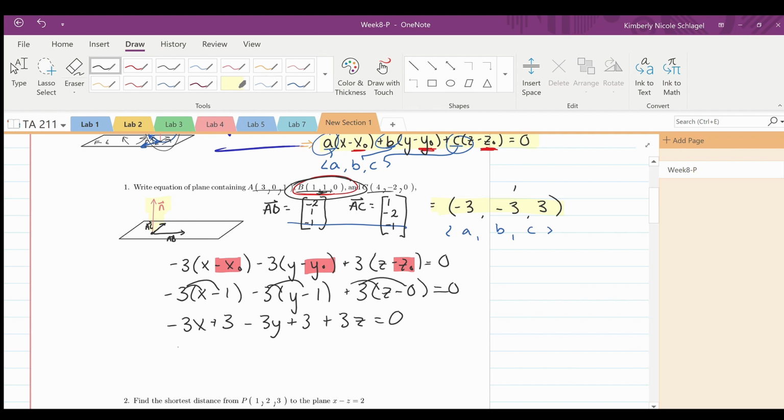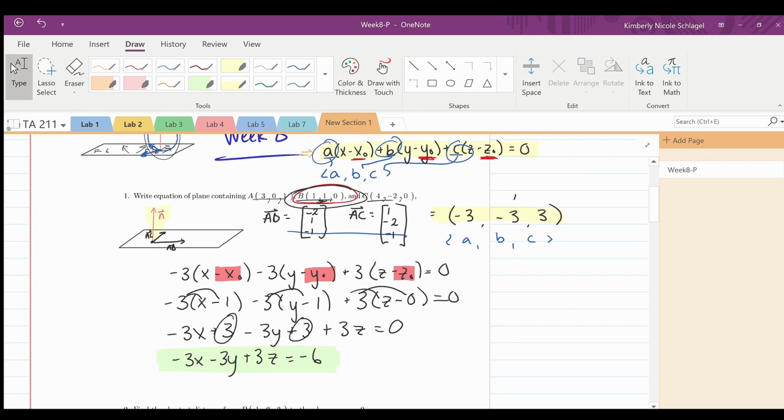So then I get -3x minus 3y plus 3z, and then if I move my 6 over to the other side, I get -6. So this is actually my equation of the plane right here. I have something x plus something y plus something z equals a coefficient.